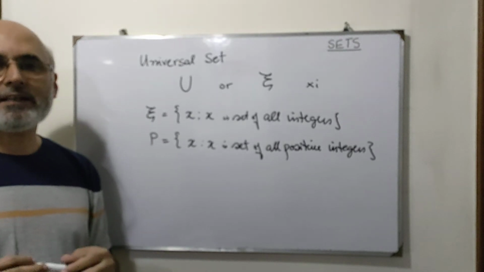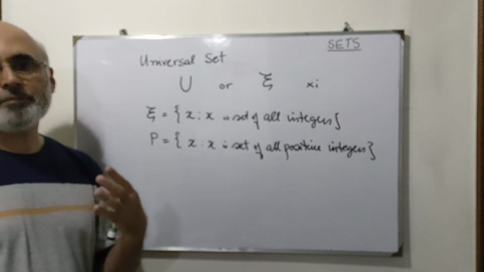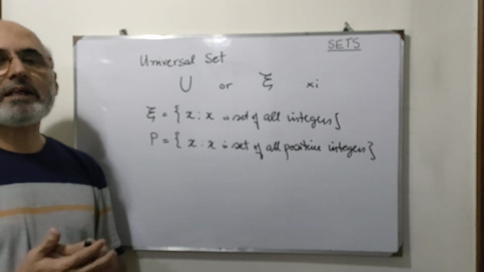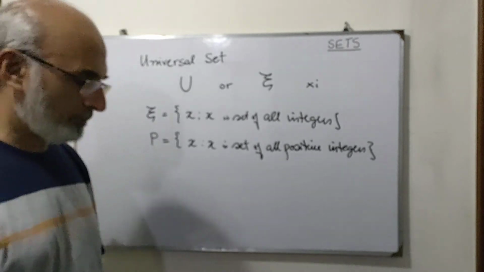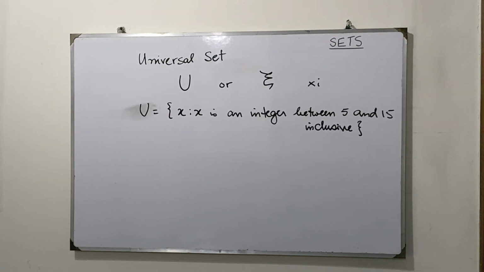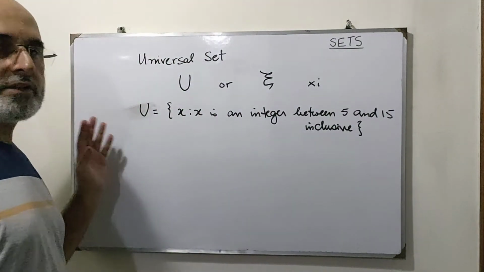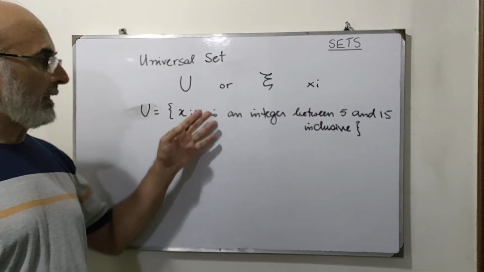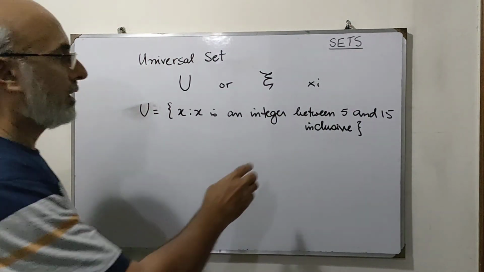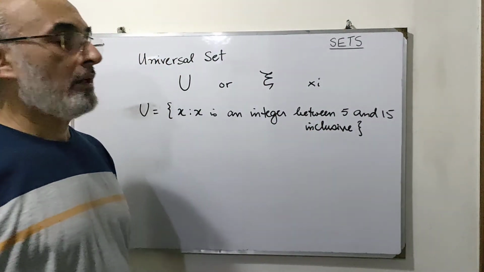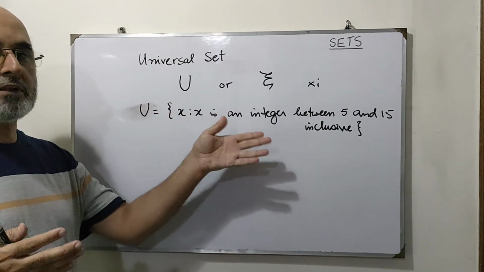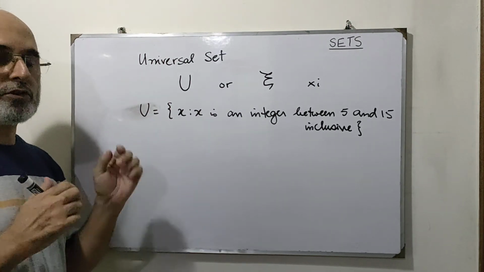Now let's take an example of a universal set and a set, and let's see how we can represent it through a Venn diagram as well. Okay, now I have a universal set, U equals X, such that X is an integer between 5 and 15 inclusive. Now first, before going ahead, what numbers are members, elements of this universal set?